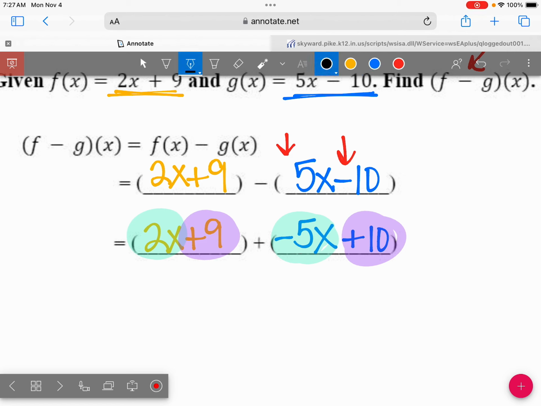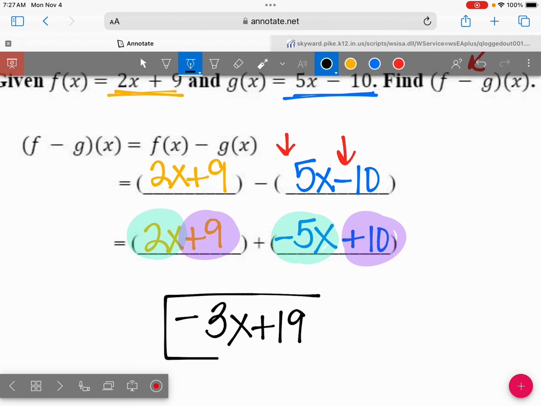So 2x plus -5x is -3x, and then 9 plus 10 is 19. Any questions so far? Okay.